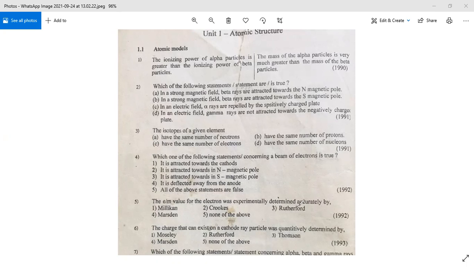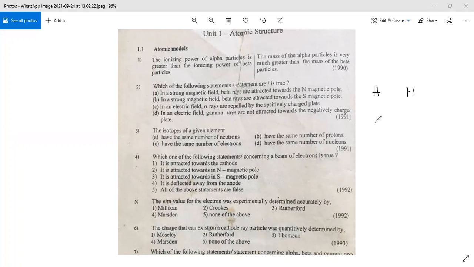The mass is different due to a different number of neutrons, not protons, because the atomic number remains the same. That's why we call it the same element. But masses change because the number of neutrons changes. So for the question, having the same number of neutrons is wrong for isotopes.